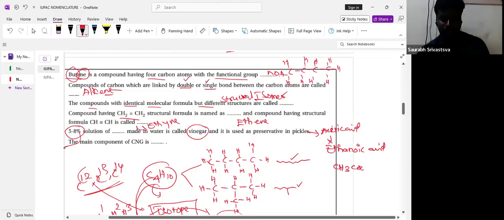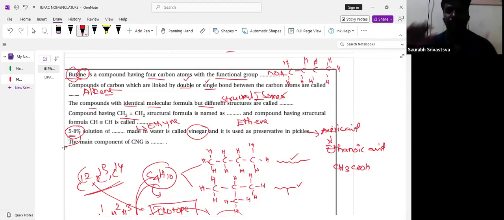That is the formula. 5 to 8% of the acid, and remaining everything they will add water. That means if you take 100 ml, 5 ml or 8 ml is acetic acid, and the remaining 95 ml or 92 ml water will be there. That particular solution only we are calling a vinegar solution.